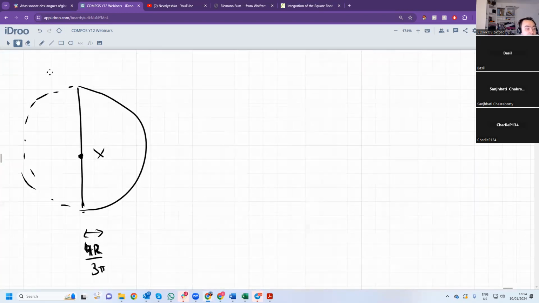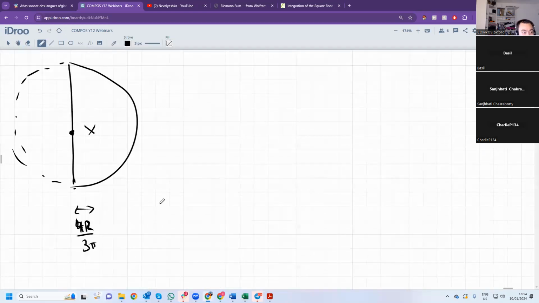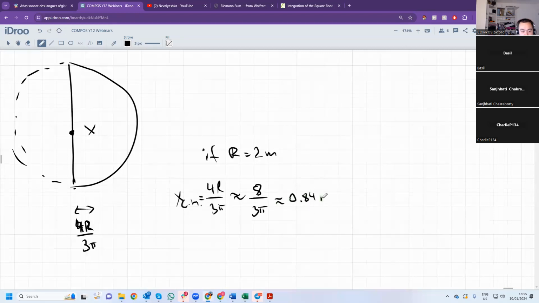Okay, so if the radius is, I don't know, 2 meters, then x center of mass is going to be 4r divided by 3 pi. So it's approximately 8 divided by 3 pi, which is 0.84 meters, which kind of makes sense.